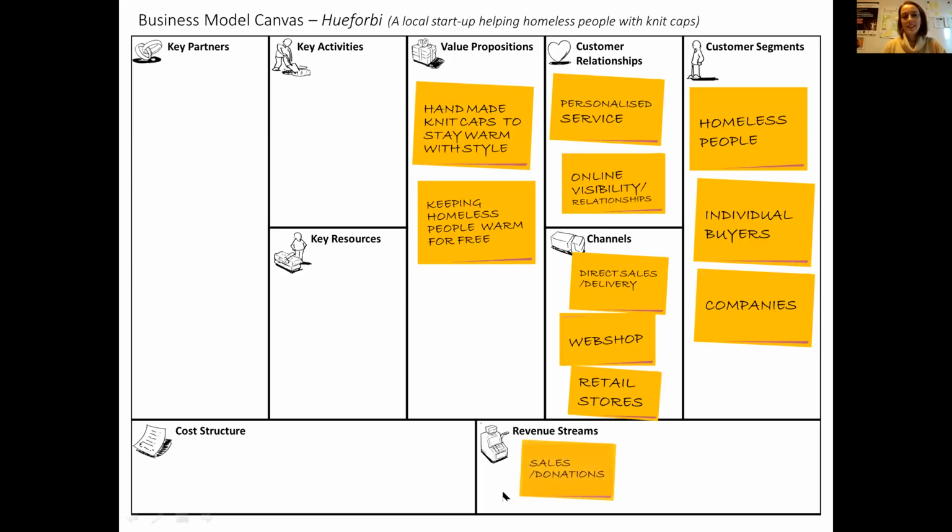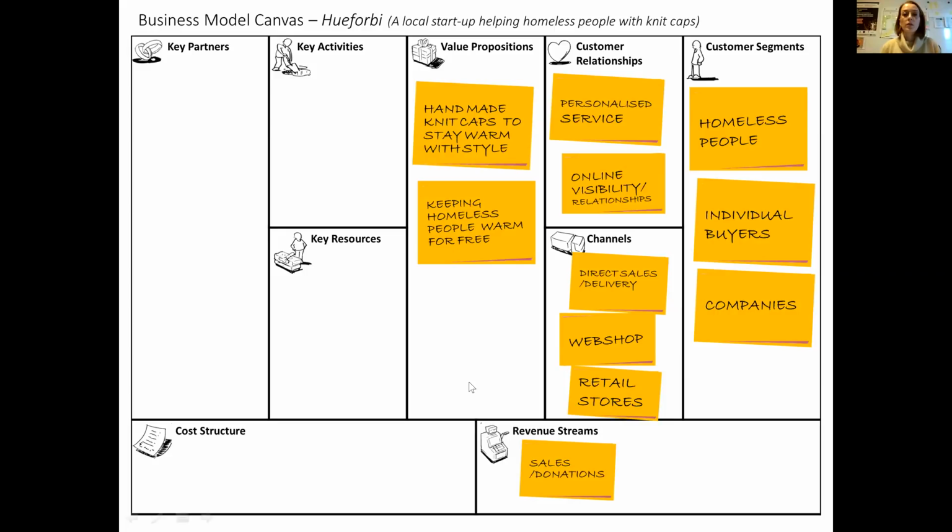Okay, let's have a look at what I have here. Sales. We are generating revenue only by selling our knit caps, which can also be considered as donations. Why? Because the revenue we receive from sales is used to fund knitting caps for homeless people. So this can also be called donations.